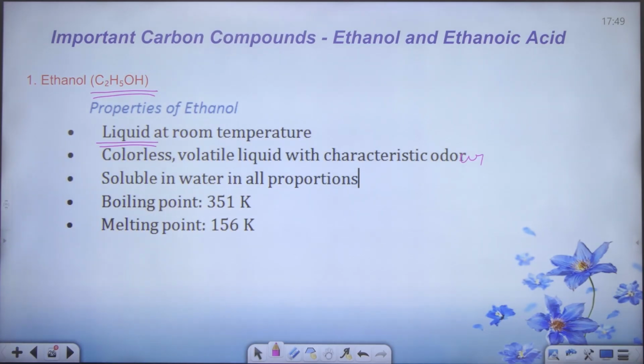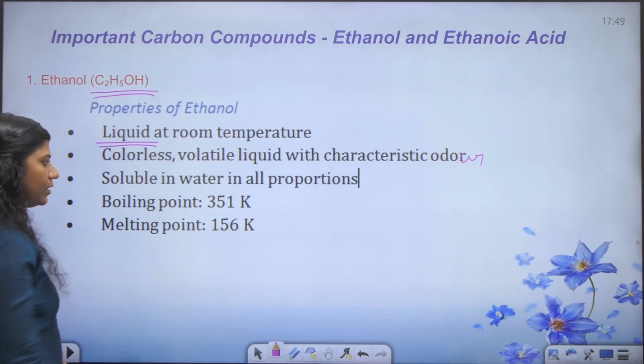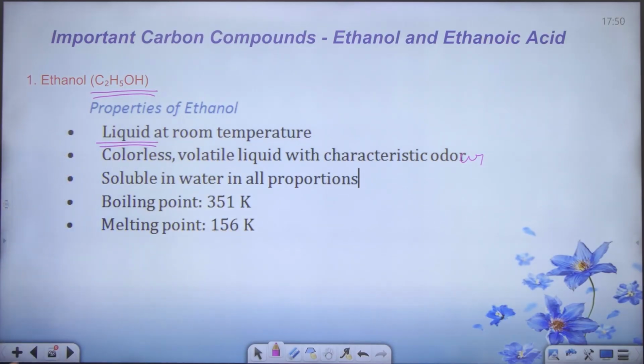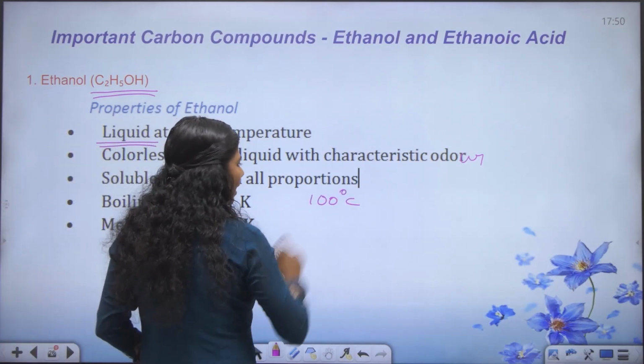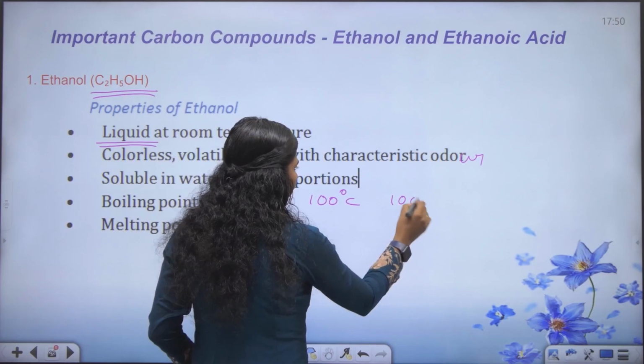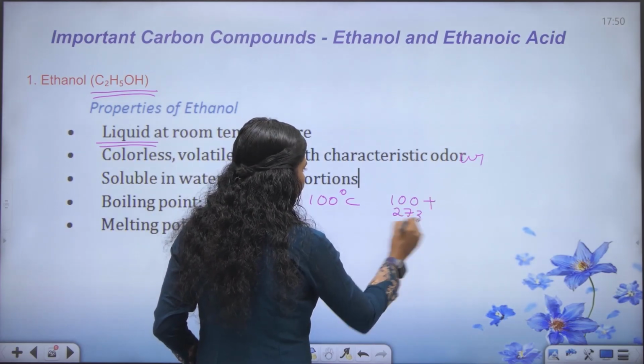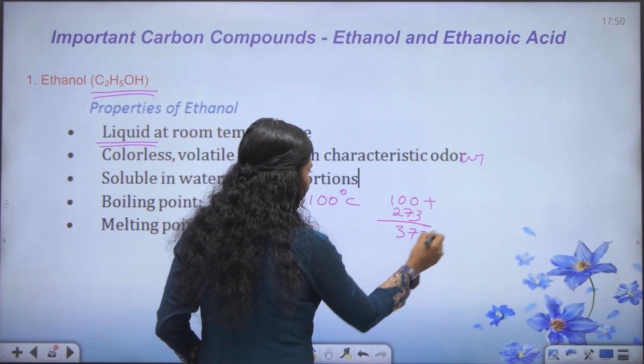The boiling point of ethanol is 351 Kelvin. The melting point is 156 Kelvin. We know that the boiling point of water is 100 degrees Celsius, which converted to the Kelvin scale is 100 plus 273, that means 373 Kelvin.